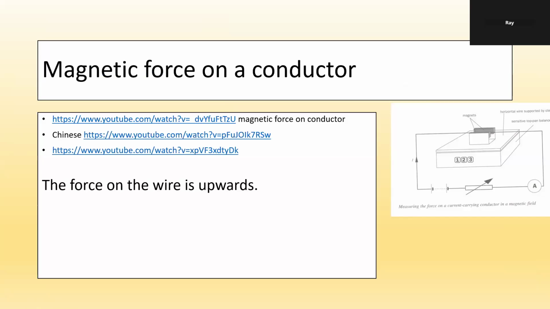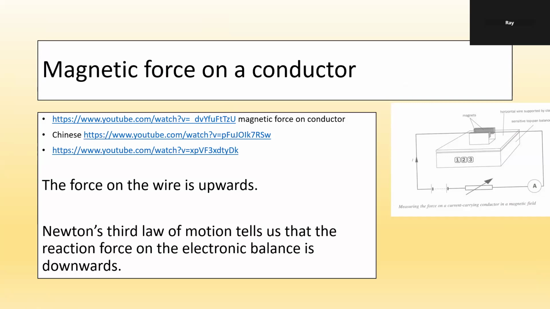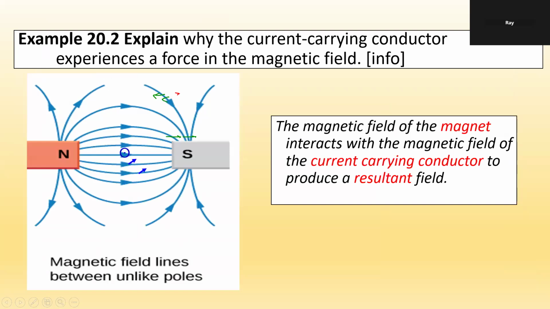Force on the wire is upwards. Newton's third law of motion tells us that the reaction force on the electronic balance is downwards. I think we won't bother about this one.